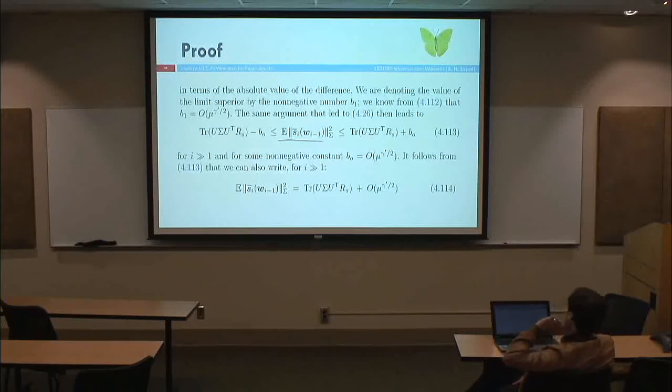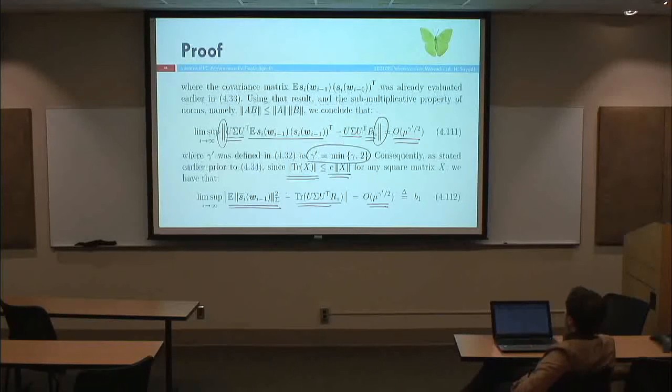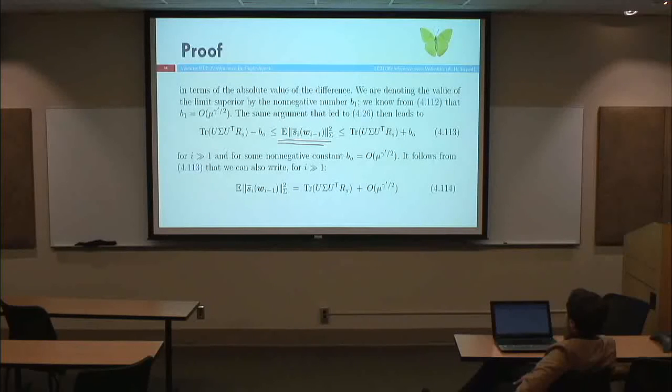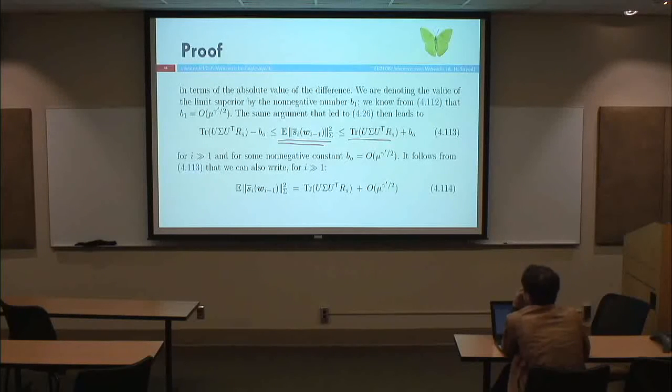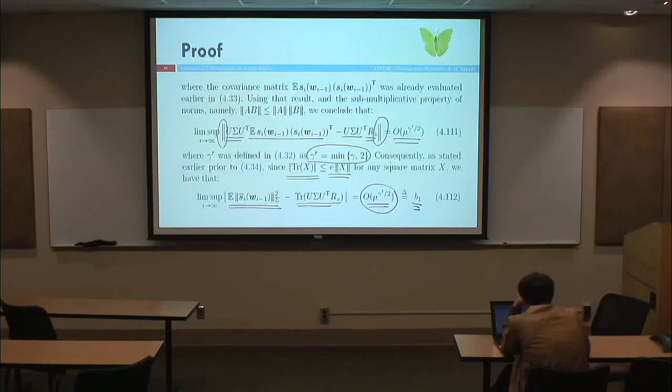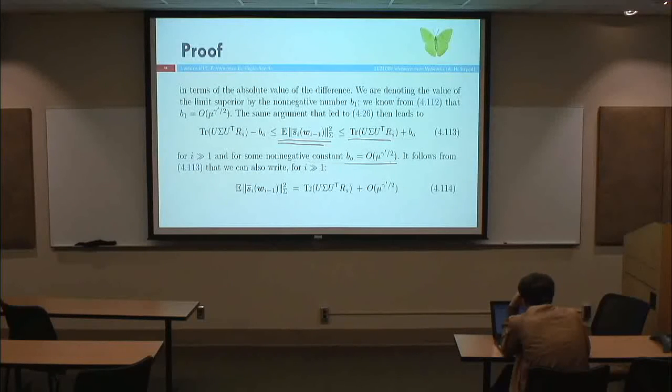The quantity is sandwiched between, because I'm calling this B1, that value plus B1. Why did I change the notation to B0? So here I called it B1, and here I called it B0. Just some typo. Okay, anyway.